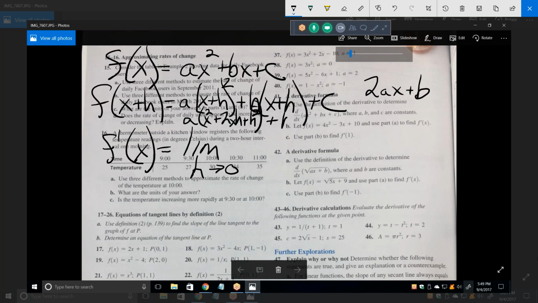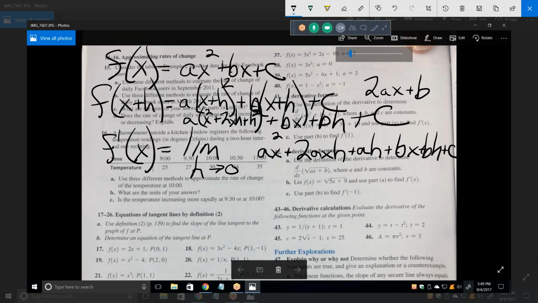Plus bx plus bh. Yes, plus c. Okay, plus c. Now, that's our f of x plus h. And I'm going to go ahead and write the numerator fully. Ax squared plus 2axh plus ah squared plus bx plus bh plus c.